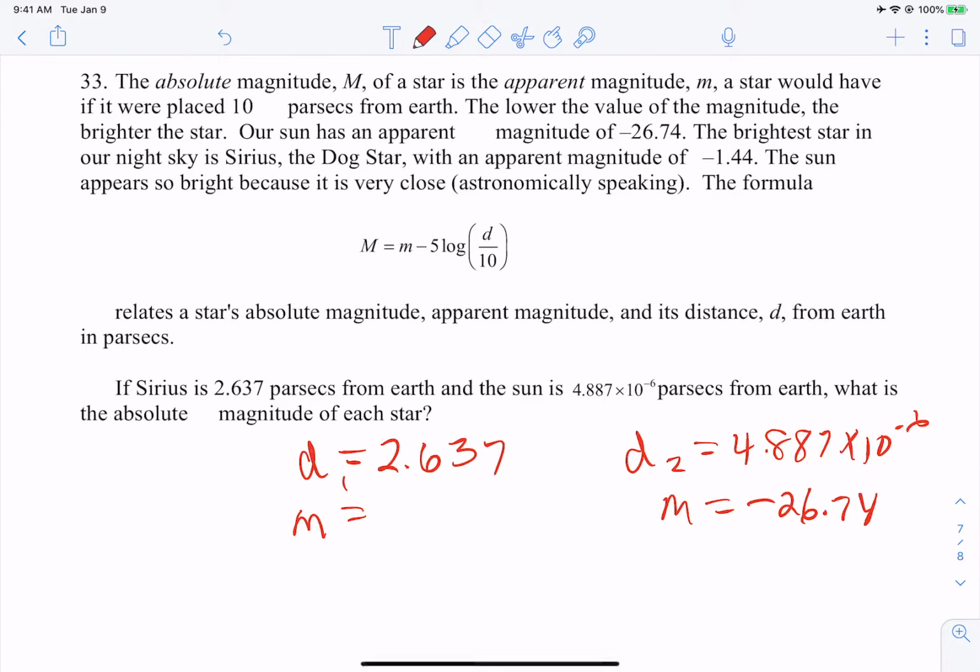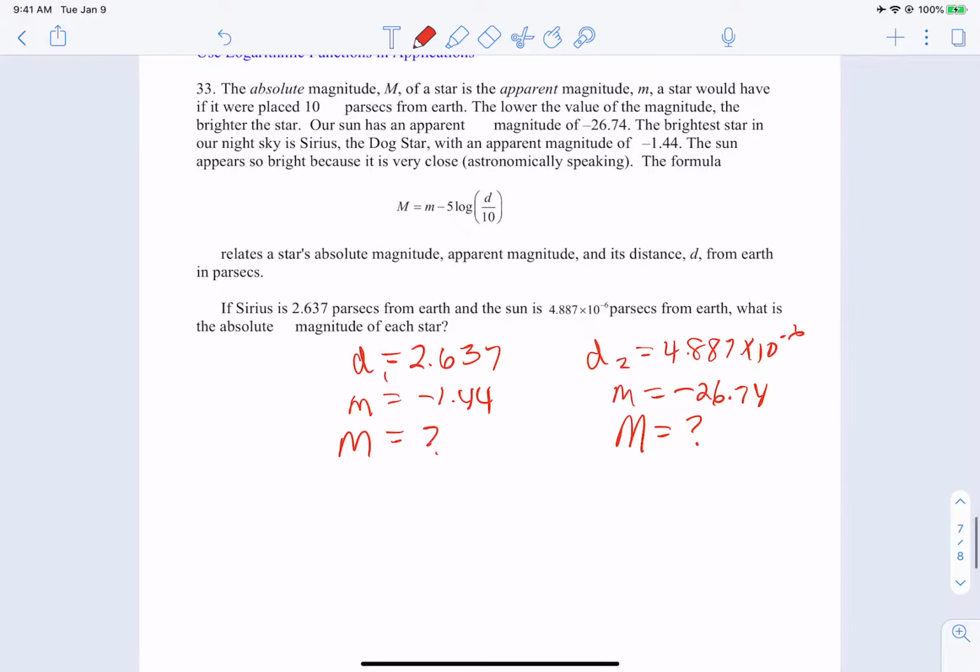Sirius has an apparent magnitude of -1.44, and so we want to look at the absolute magnitude, big M, for each. So we're just plugging into the formulas.